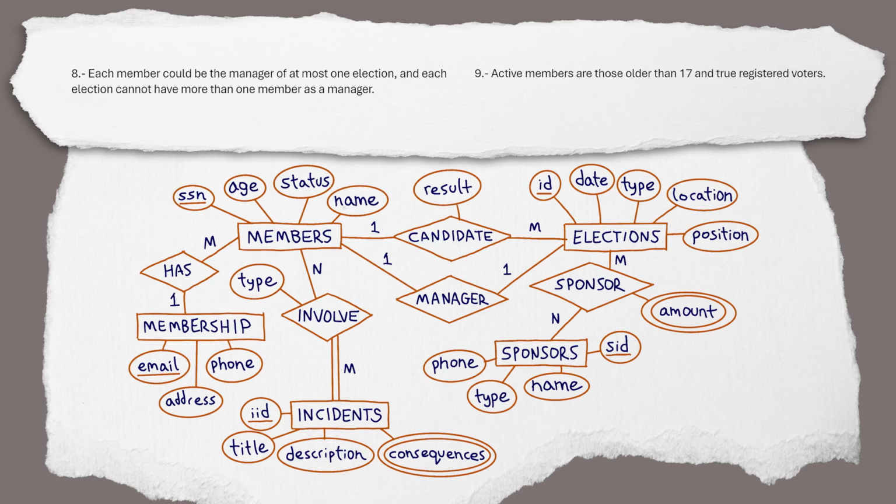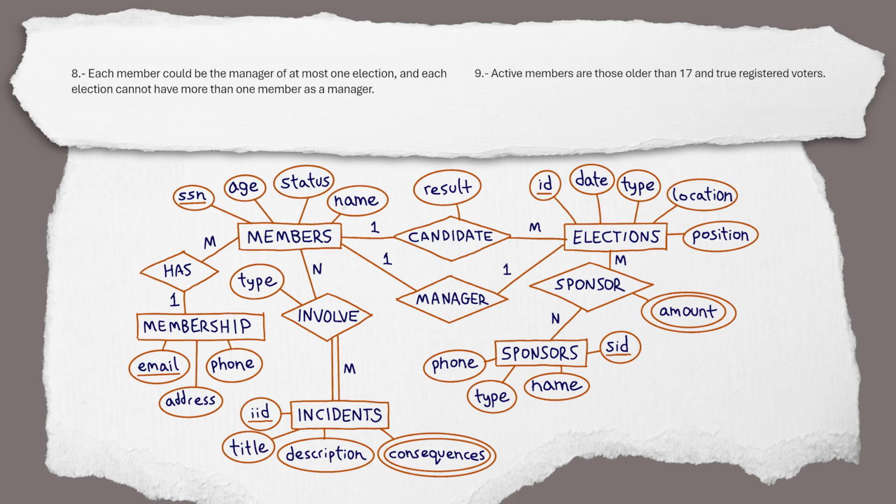The last requirement talks about active members. In this case, it's giving some type of adjective or classification to a member. A member is active if it's older than 70 and is also a registered voter. So this sounds like a subset of the set members.